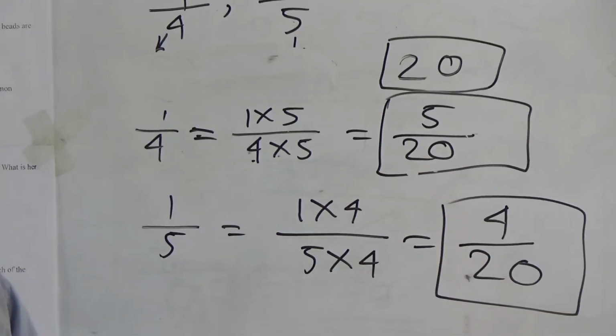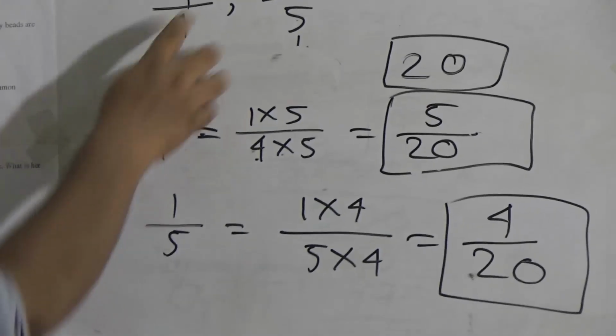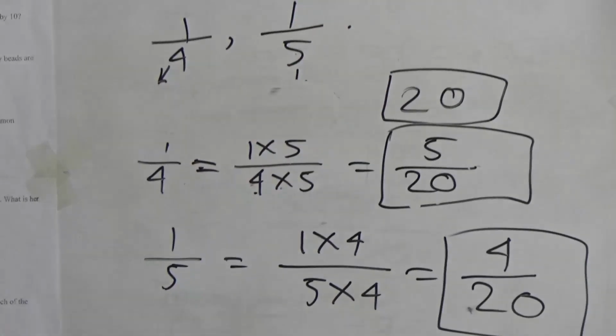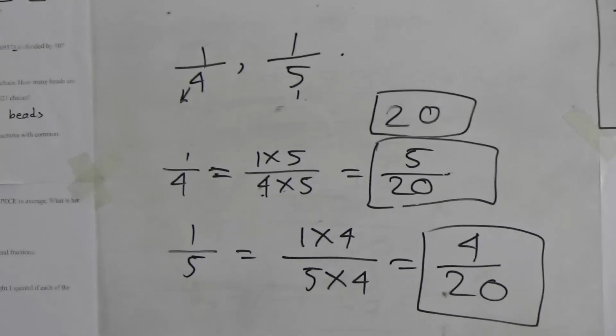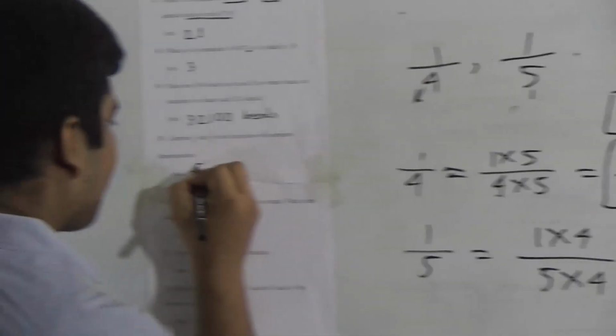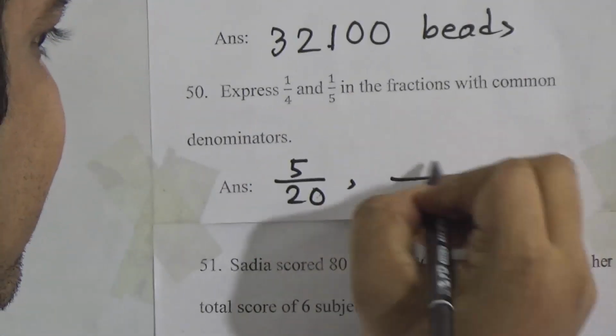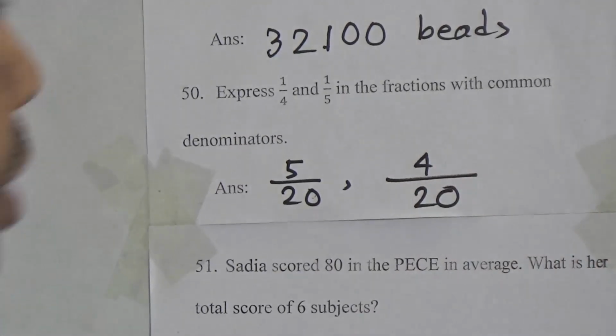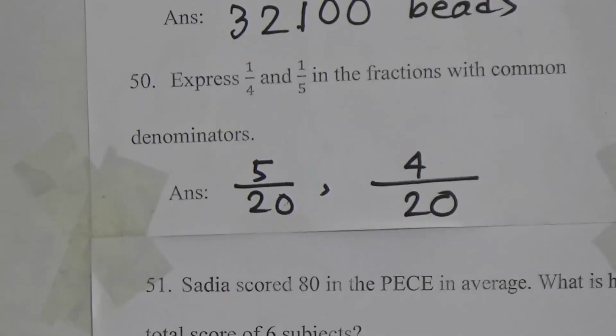That means if we convert 1 by 4 and 1 by 5 into fractions with common denominator, then we get 5 by 20 and 4 by 20. I hope you have understood how to convert fractions to common denominators.